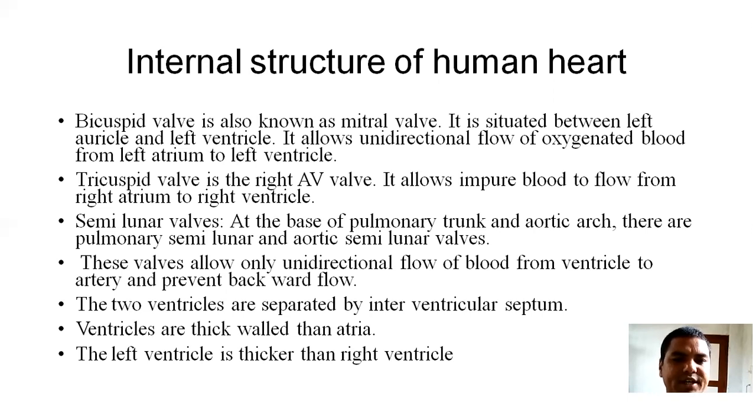It is present in both the pulmonary aorta as well as the systemic aorta. At the base of the pulmonary trunk and aortic arch, there are the pulmonary semilunar valve and the aortic semilunar valve. These valves allow only unidirectional flow of blood from the ventricle to the artery and prevent backward flow of blood.